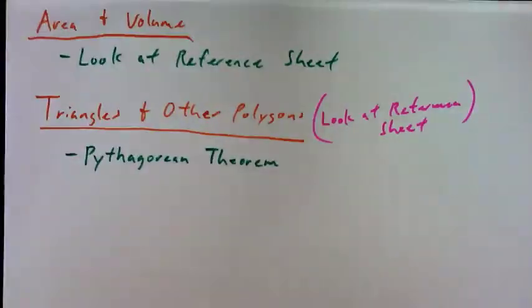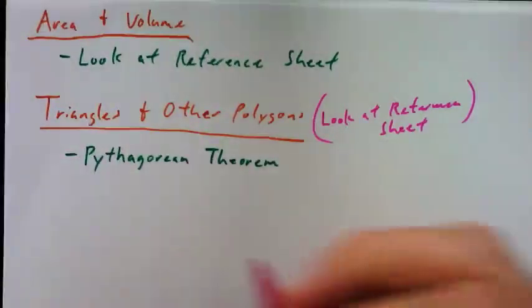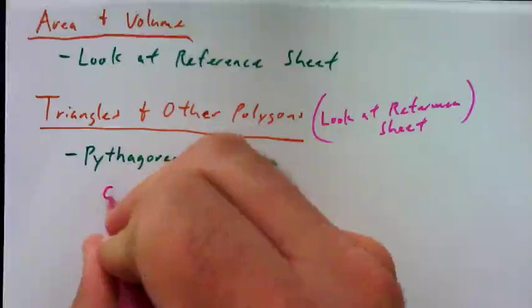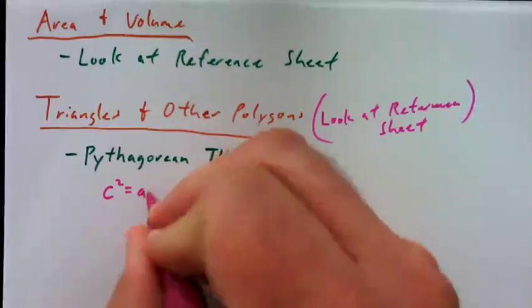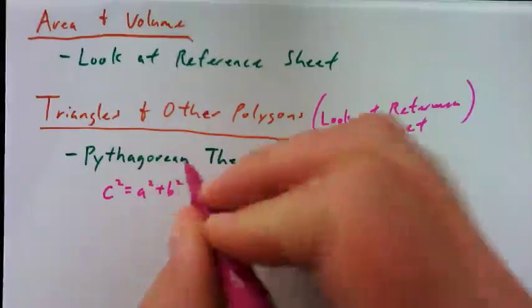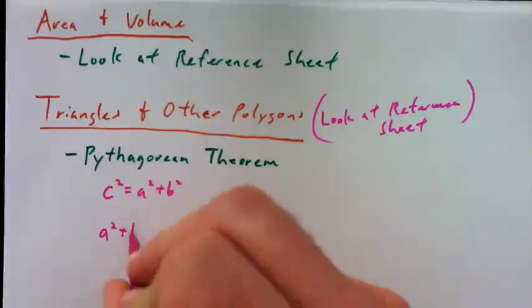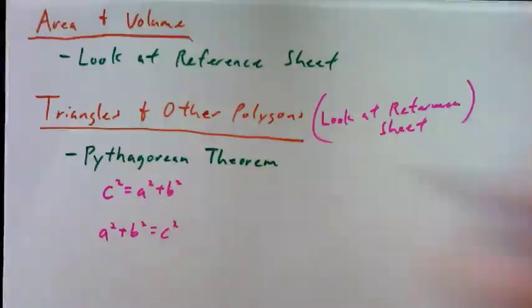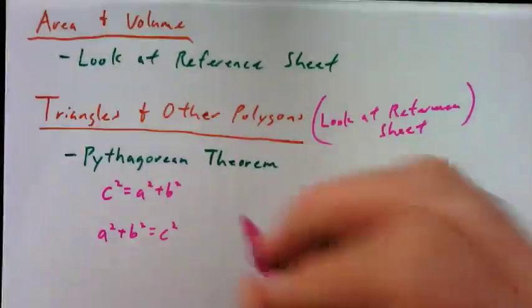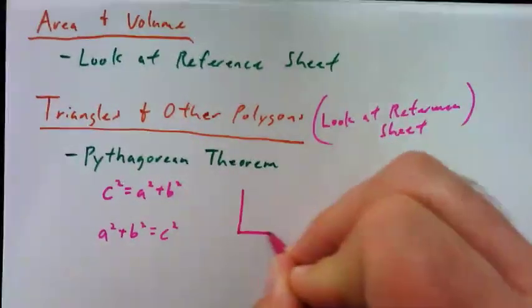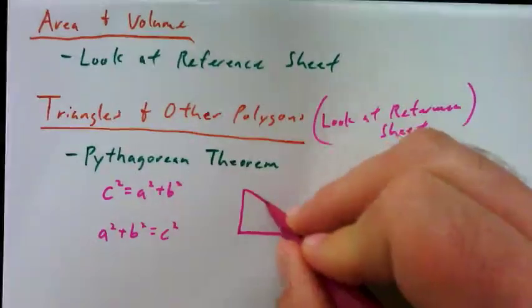So, you can look at Pythagorean theorem one of two ways. I always write it this way. C squared equals A squared plus B squared. Some people prefer writing it in alphabetical order. A squared plus B squared equals C squared. It's the same thing either way. What it is a way of finding the missing side of a right triangle.